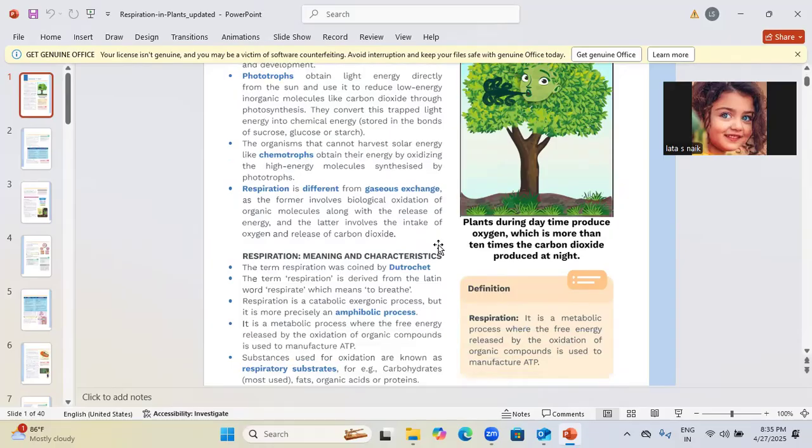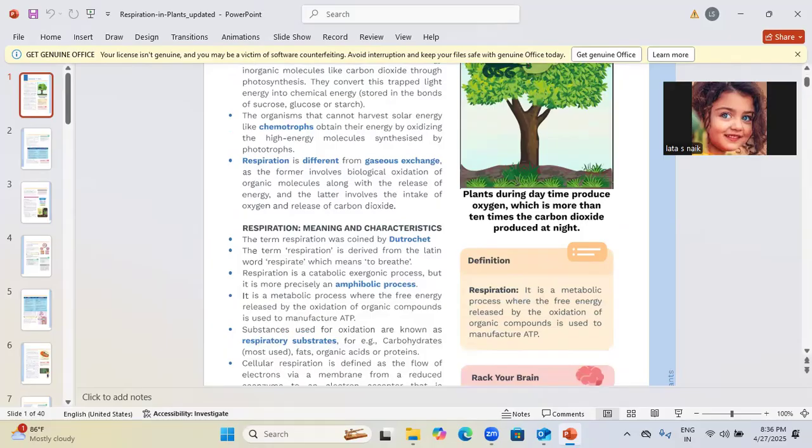So you can see here how the plants during daytime produce oxygen, which is more than 10 times the carbon dioxide produced at night.